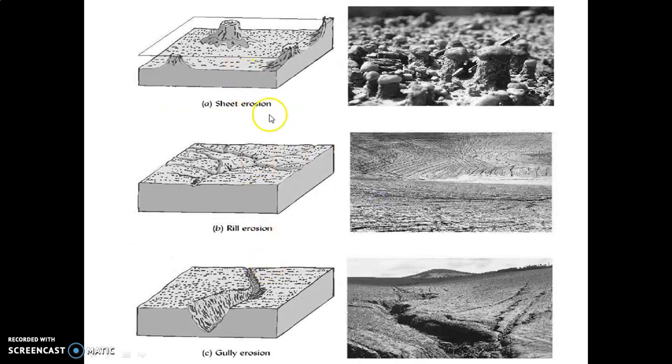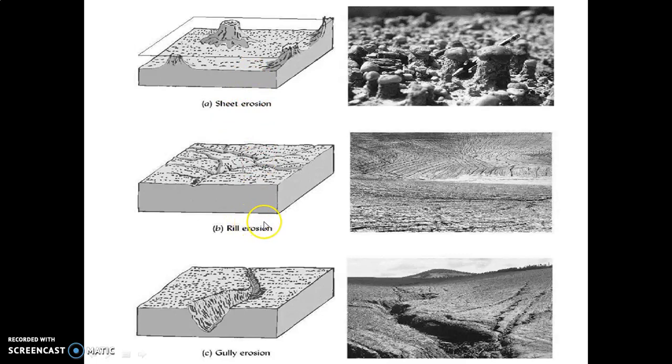Now see, in this image, the very first one is sheet erosion. See this line carefully. This line depicts sheet. It means under sheet erosion, the topsoil is removed uniformly without making small pits, small depressions, big depressions. It is called sheet erosion if the topsoil is removed uniformly by external agents.